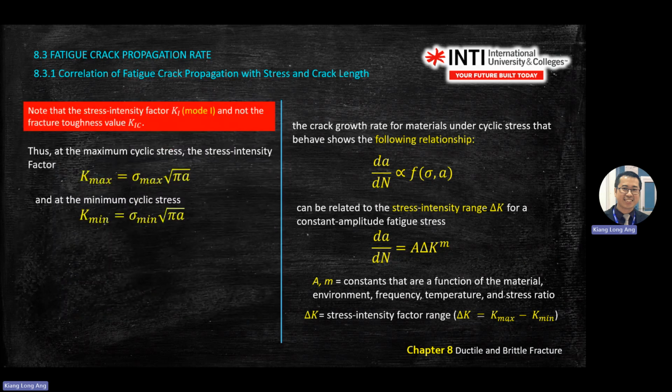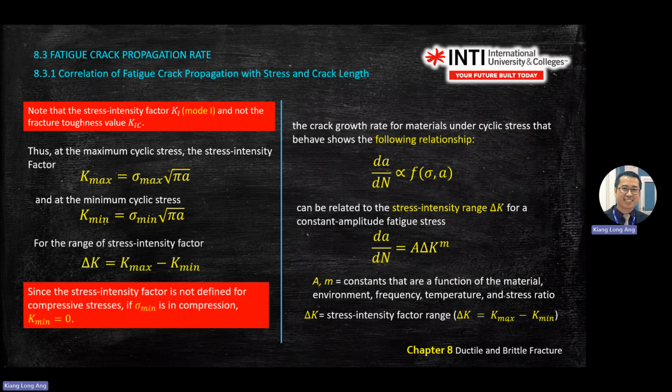This is what we learned this morning. Kmax equals stress max times square root of pi a. Same with the minimum, we only change the stress into the minimum. So the range of K is this one minus this one.